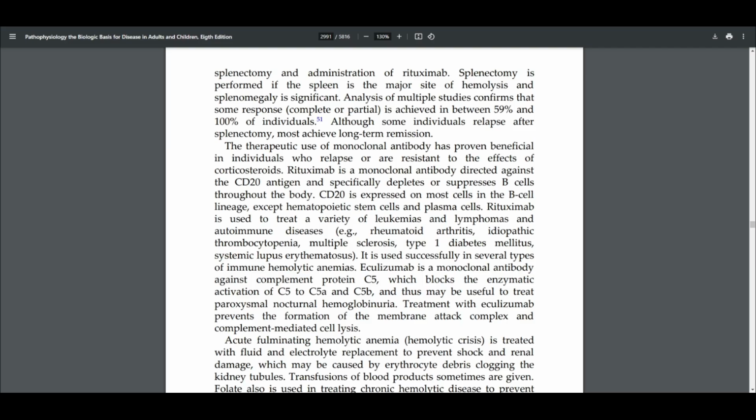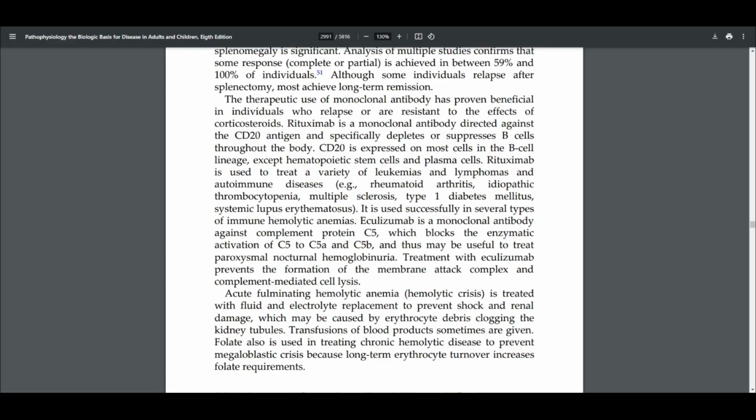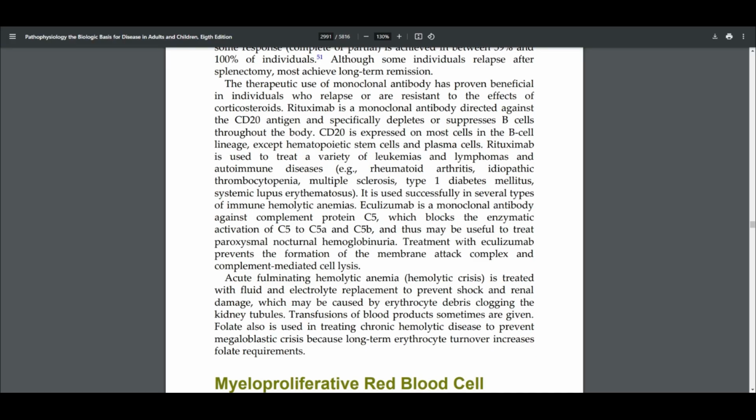Although some individuals relapse after a splenectomy, most achieve a long-term remission. The therapeutic use of a monoclonal antibody has proven beneficial in individuals who relapse or are resistant to the effects of corticosteroids.